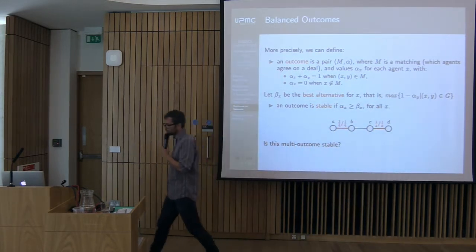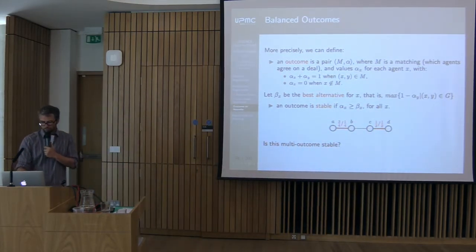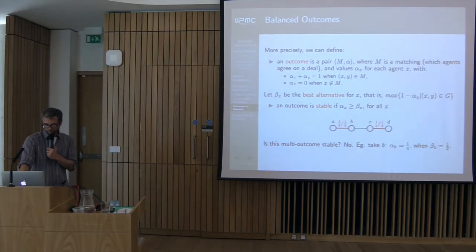So he could get a better deal. Or the same for B. B could say, I have 1.25, but I could get 0.5 with C. So it's not stable. B and C have an incentive to deal together.